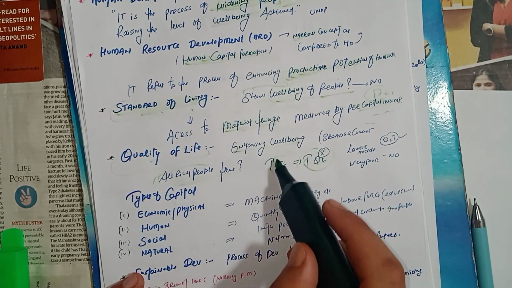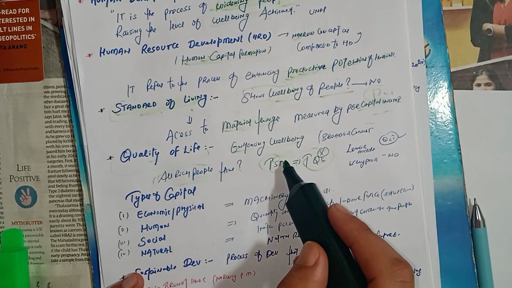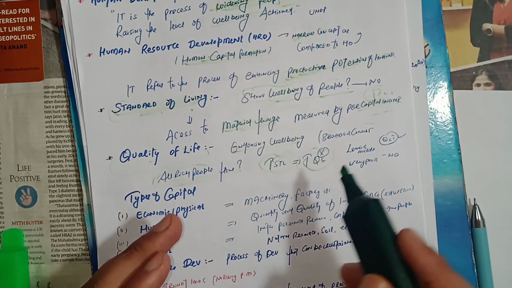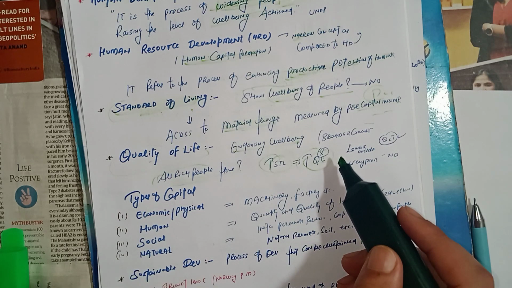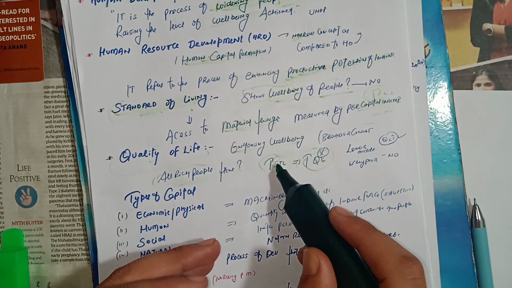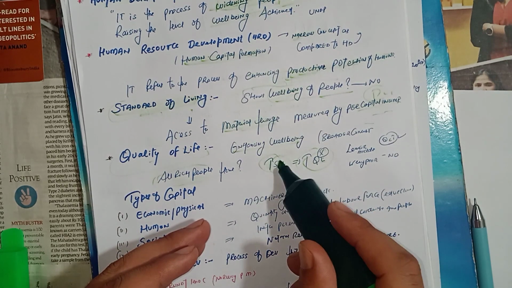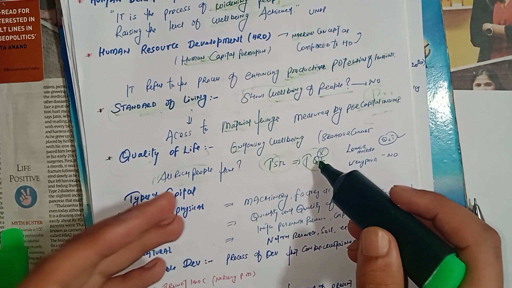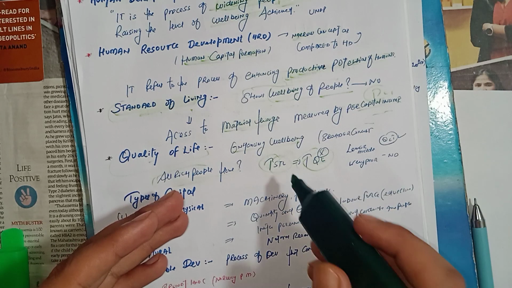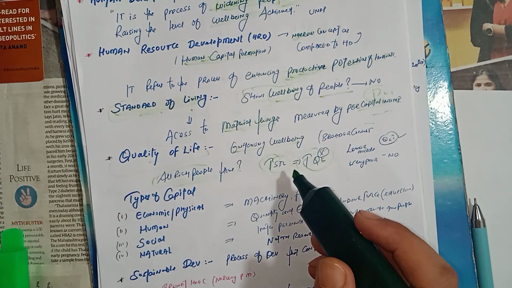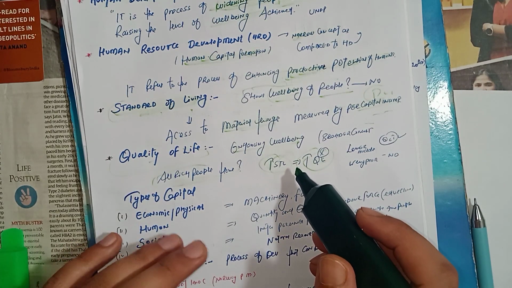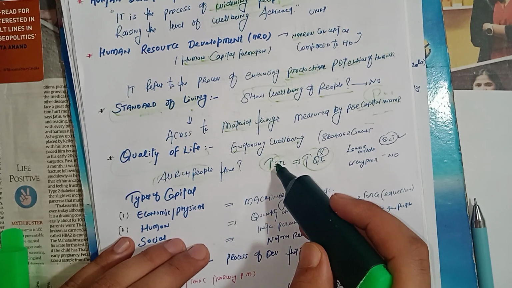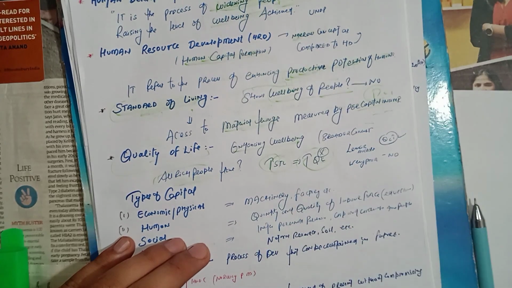No, we can't say that, because a person could have a high standard of living but at the same time not a high quality of life. It could be true that he has a decent standard of living and at the same time a decent quality of life, but it is not true all the time that he certainly has both a high standard of living and a high quality of life.